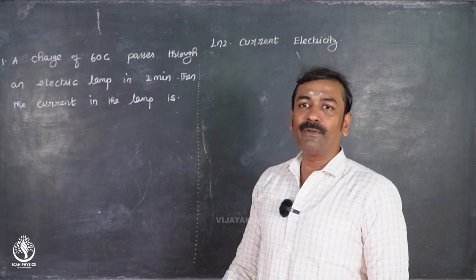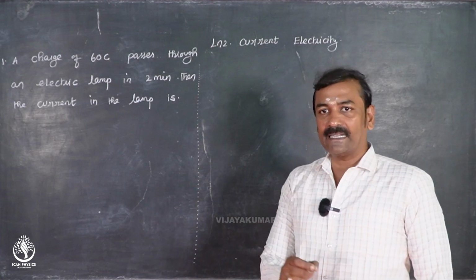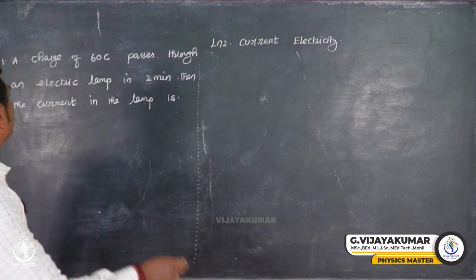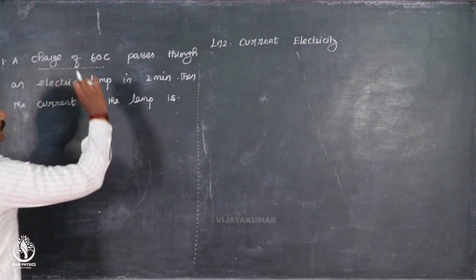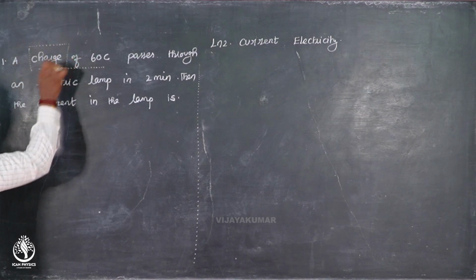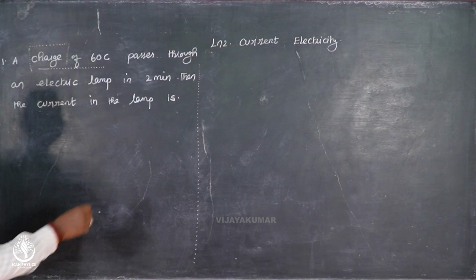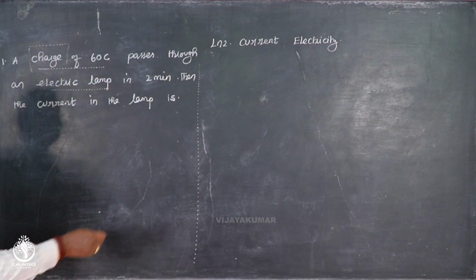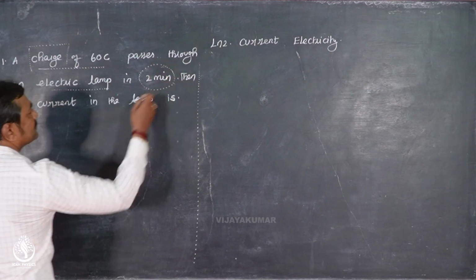Okay, children. Now we are going to see the second lesson, current electricity. Here, a charge of 60 coulomb passes through the electric lamp in 2 minutes. In the first lesson, we have seen so many things about charge.